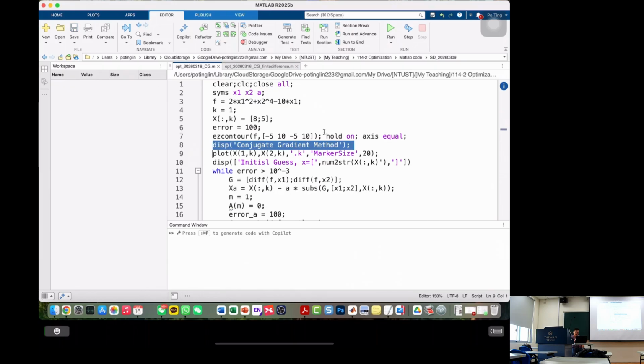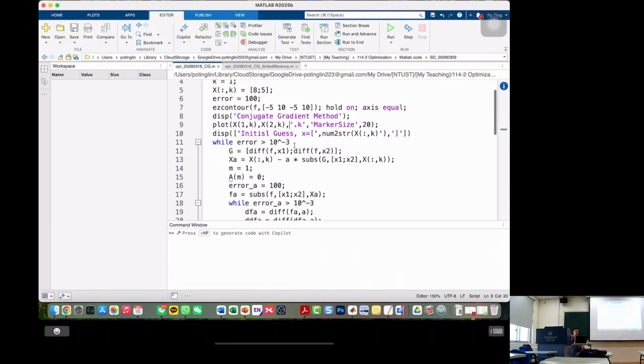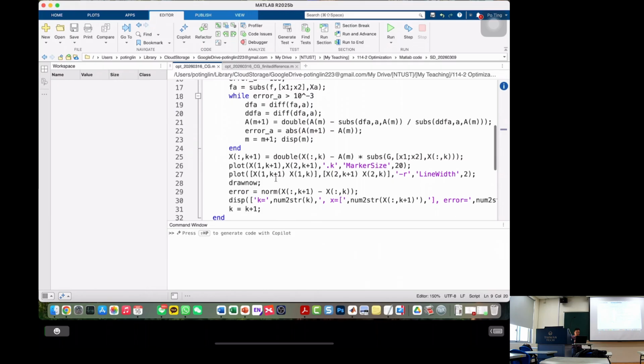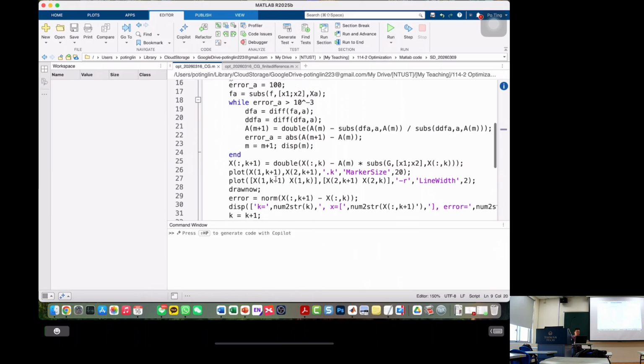So inside conjugate gradient, in the first iteration, nothing is different. Everything is the same. But starting from the second iteration, I need to make a change. So I need a short-term memory of the previous gradient.